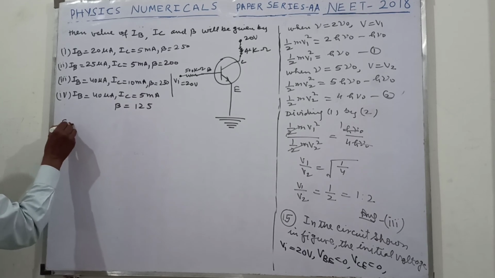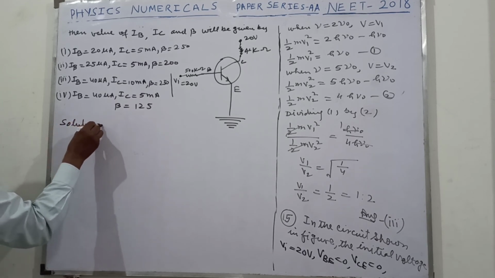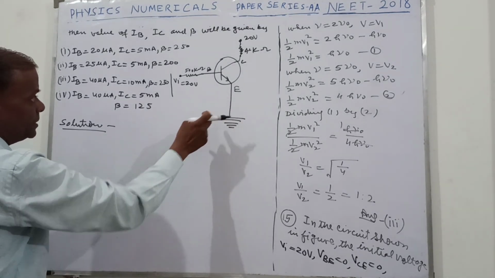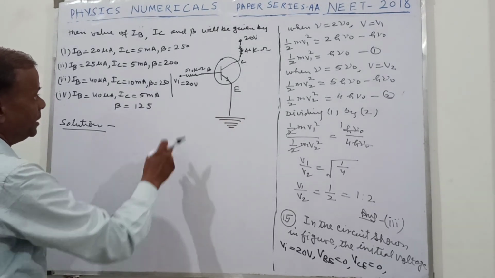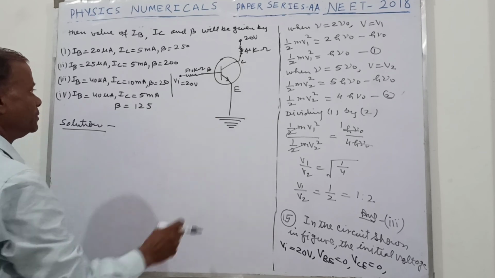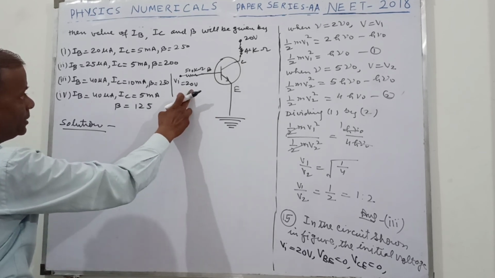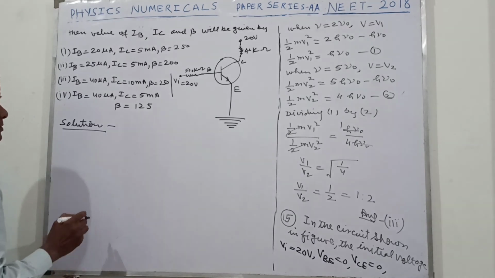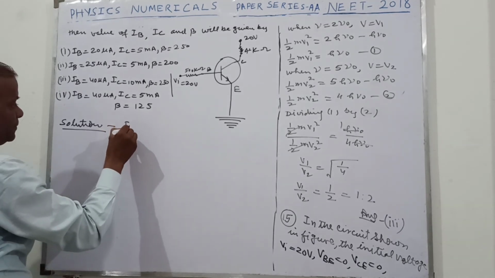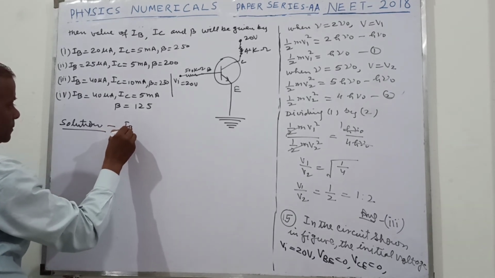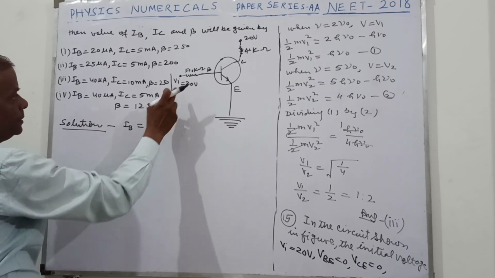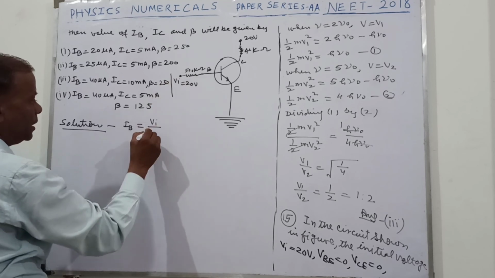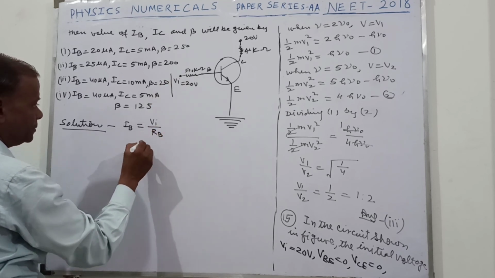So now the solution. You see that this emitter is grounded, so this is at zero potential. Current will flow in this one and in this one. You are given the voltage and the resistance. So IB is your Vi upon RB.